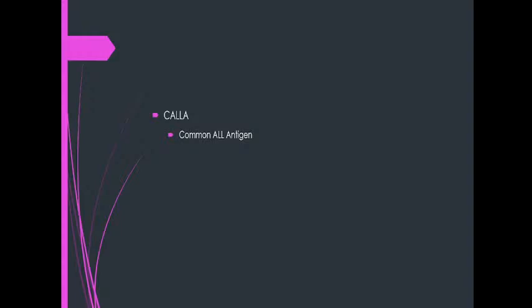Before, they still didn't have evidence to support the clinical importance of CALLA. But now, they are using it over and over again, and you will see it also in your examinations. Okay? So, CALLA stands for common ALL antigen, and this is CD10. Okay? Now, let's move on to the next one.